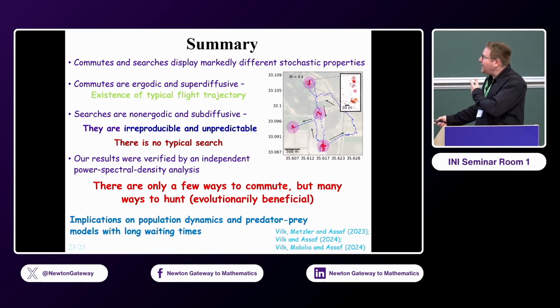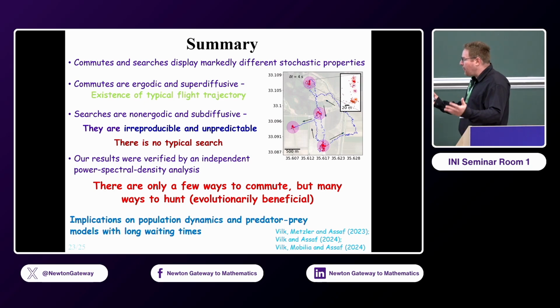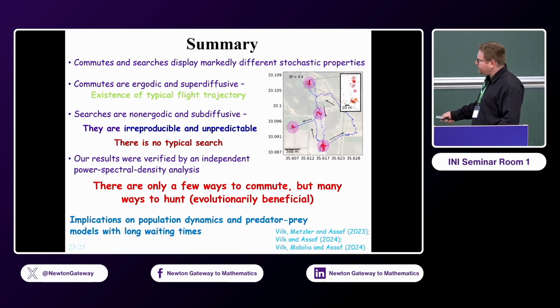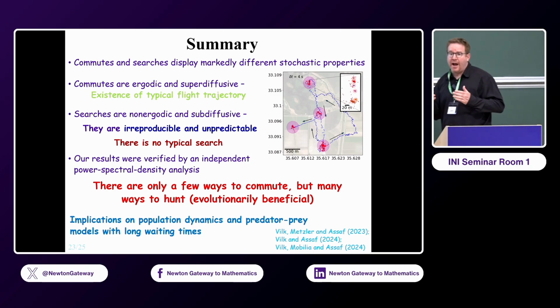As we have seen here, this has dramatic implications, and we have shown in these works that there are implications on quantities like the mean size of the population, the stability of the fixed points, and even rare events such as mean time to extinction or switching times.